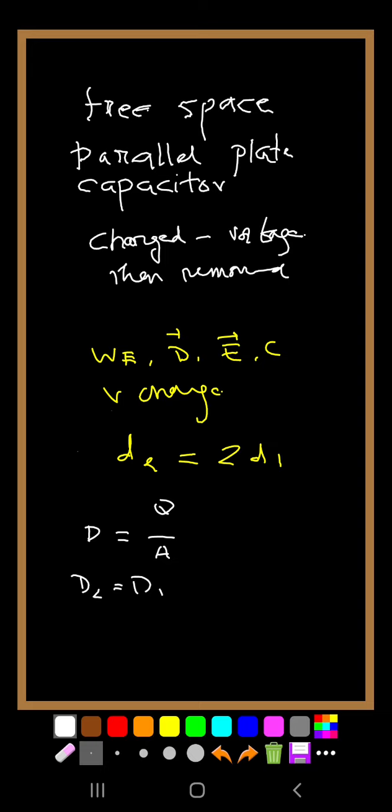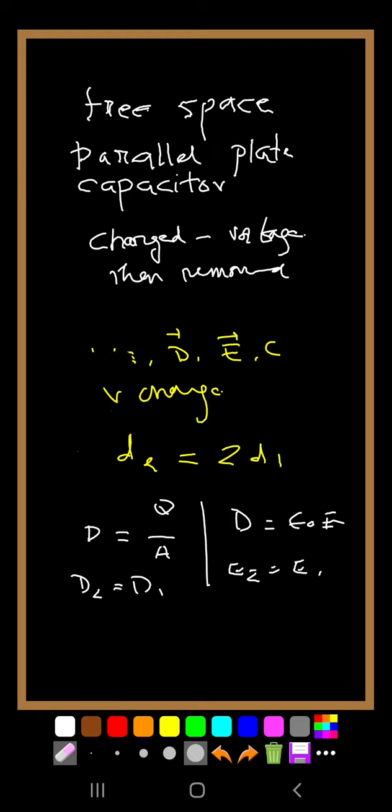So in both cases, since the area is the same and the charge is the same, the displacement vector will be the same, and also D is equal to epsilon 0 E. So that implies that E2 will also be equal to E1. So the separation enhancement between the plates will cause no changes in D as well as E.